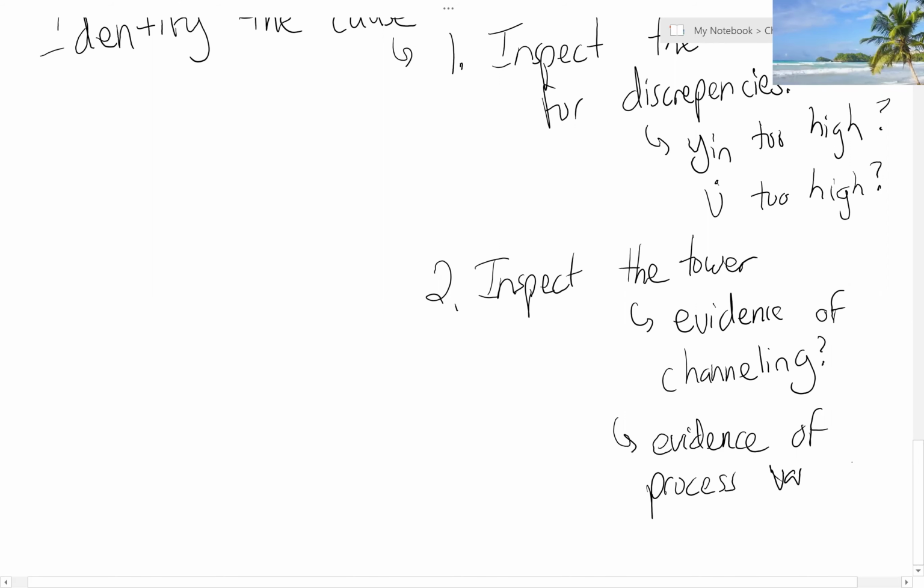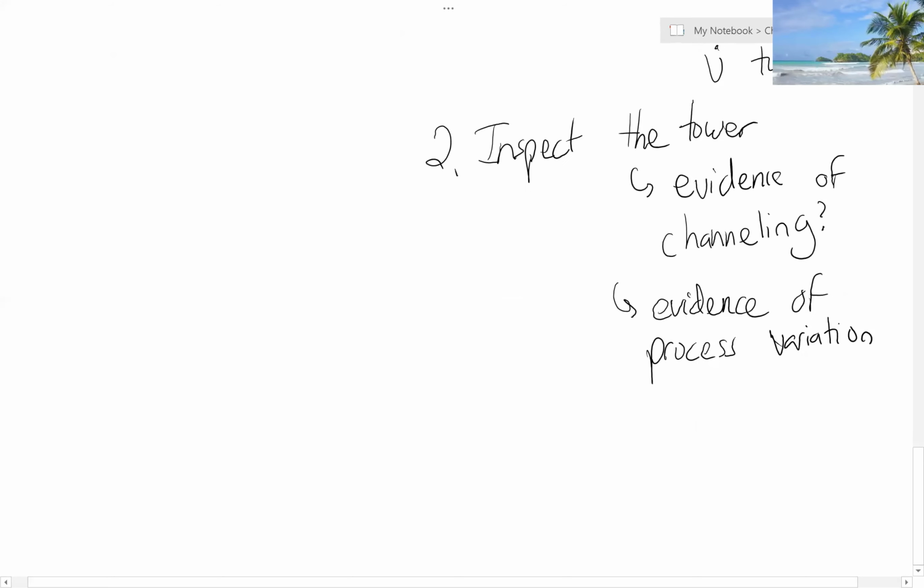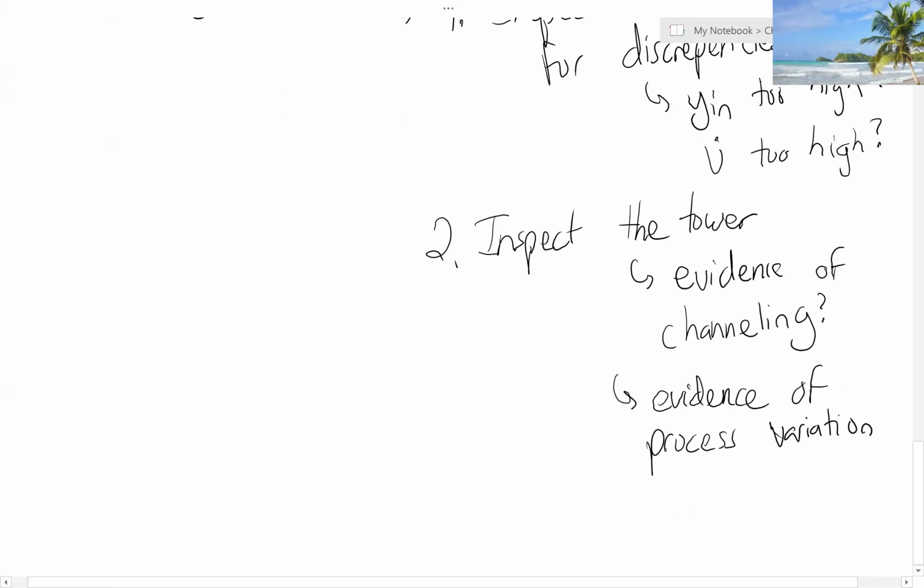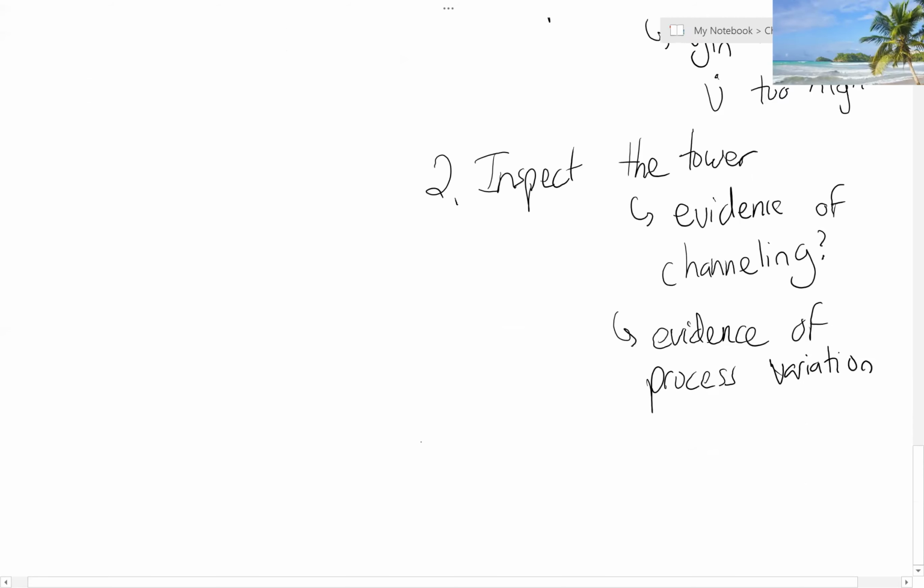Meaning, if you went to the control room, are things acting a little wonky? Has your pressure been changing? Have your outlet flows been fluctuating a lot? Things like that. And at the same time, if you want, you can also inspect the cooling water.